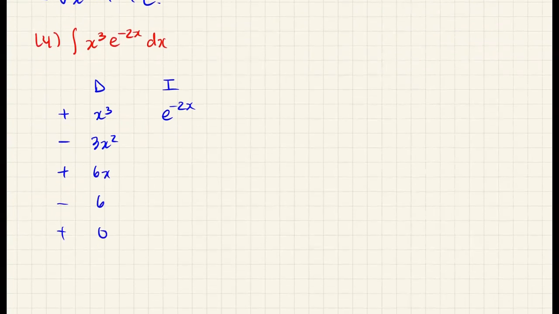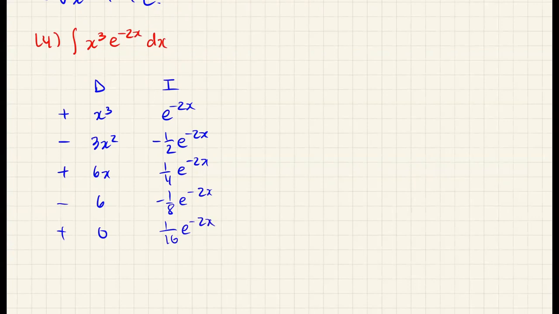And as for the second one, the integral of e to the power negative 2x is going to be negative 1/2 e negative 2x, then 1/4 e to the power negative 2x, we have negative 1/8 e negative 2x, and we have 1/16 e to the power negative 2x. All right, and then we just go diagonally.